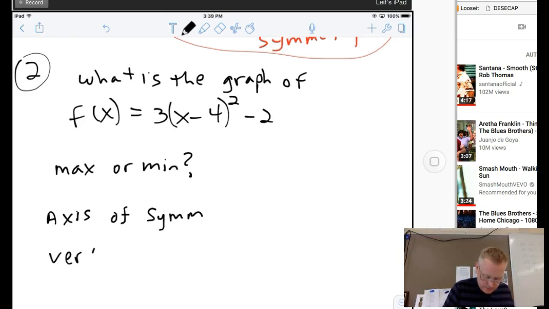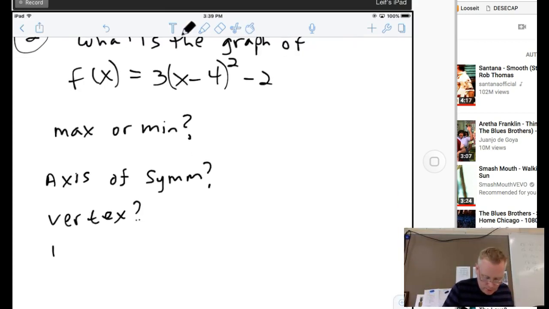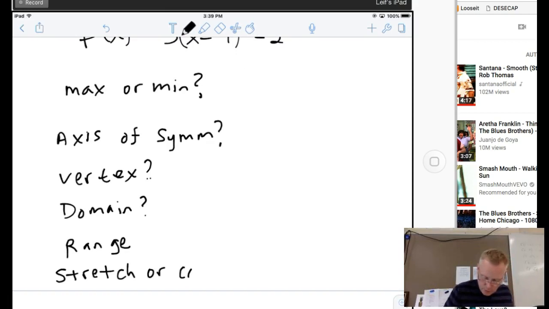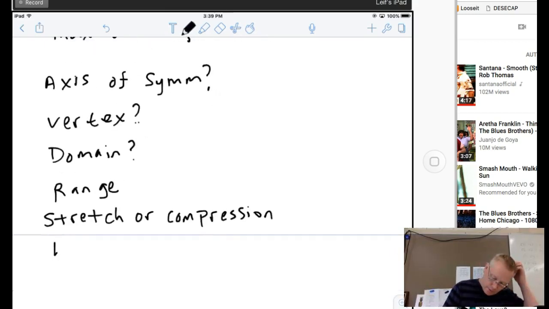What's the vertex? Domain and range. Is it a stretch or compression? And by what factor?